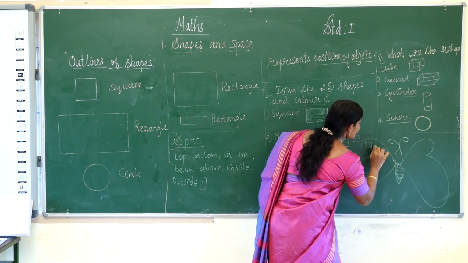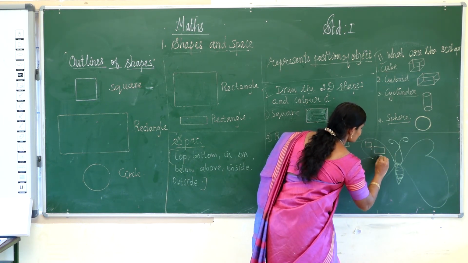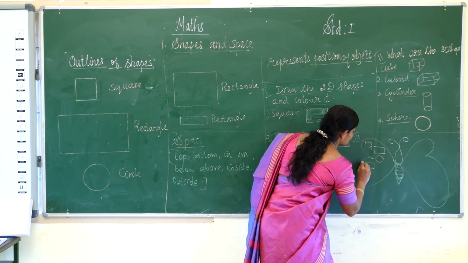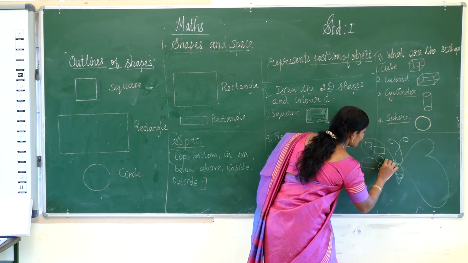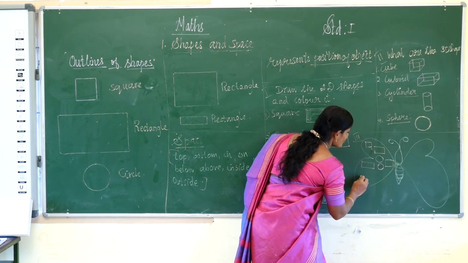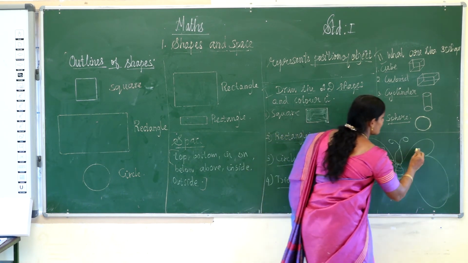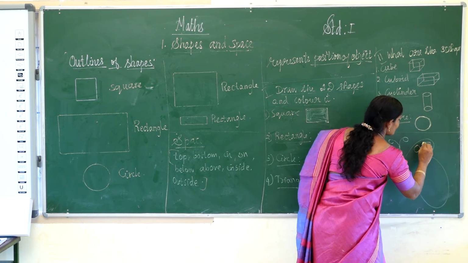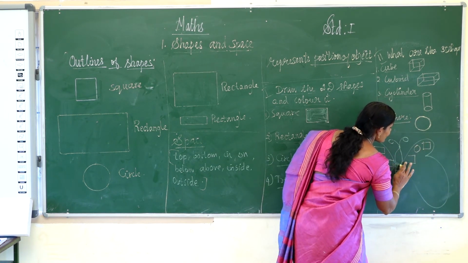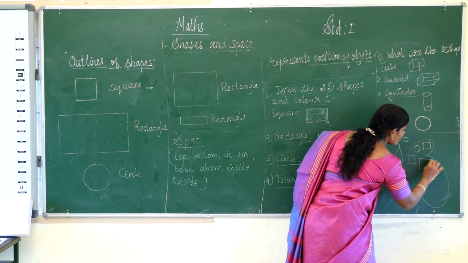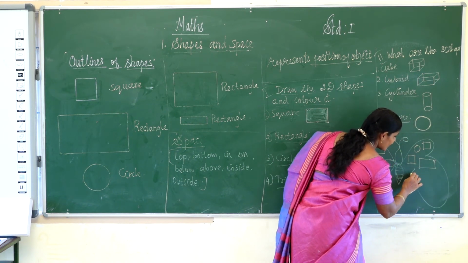Some squares and rectangles are here. How many squares and how many rectangles? You count and write the answer. Okay. Then, see the butterfly. How many rectangles and how many squares? You count and write the squares and the rectangles.